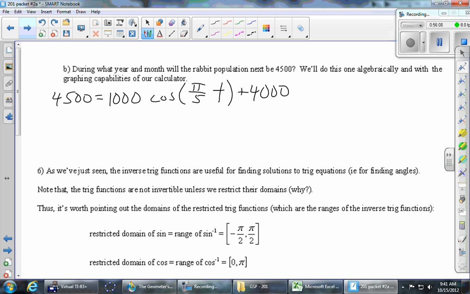Okay, I got a lot of things to move away from the t. What moves first? 4,000. So we subtract the 4,000 from both sides.